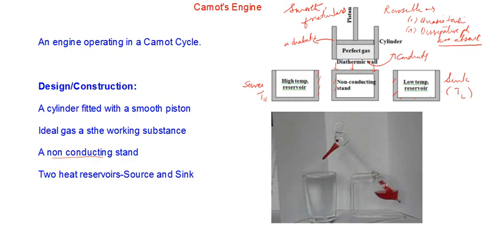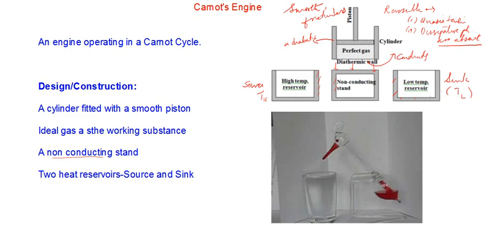So that is why we are proposing the role of a non-conducting stand. We will see how this idea of a non-conducting stand will help to achieve a reversible Carnot cycle in the next session. Okay, so these are the main components of a Carnot engine.